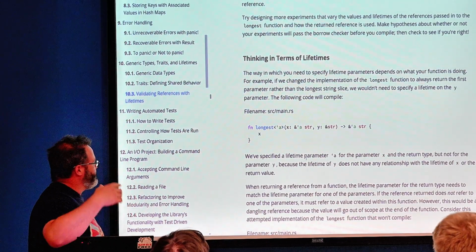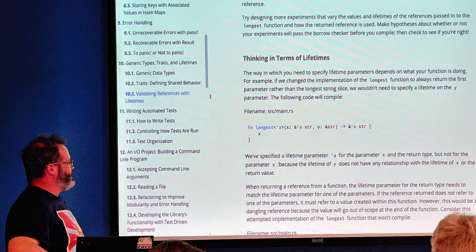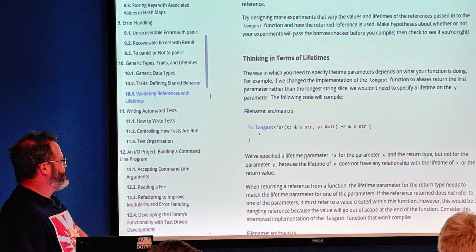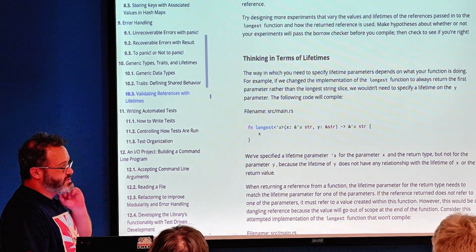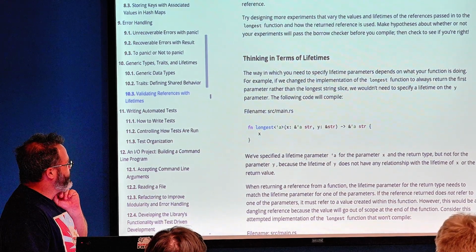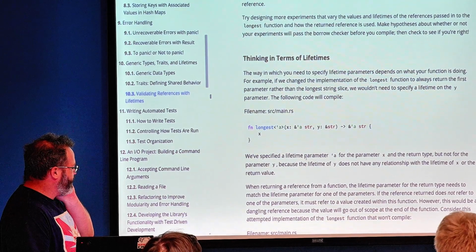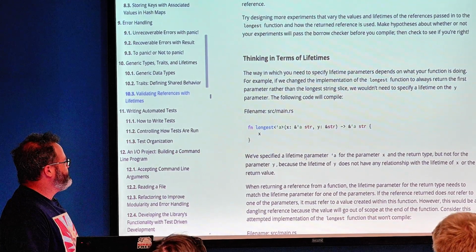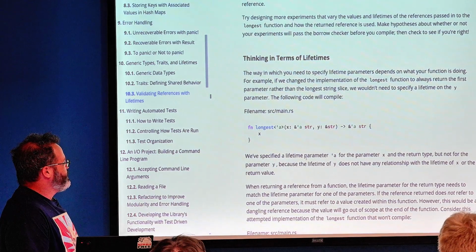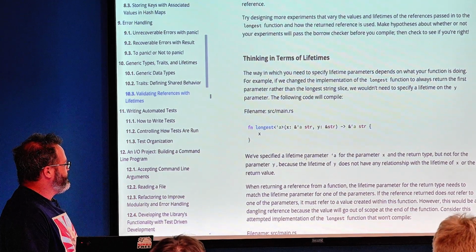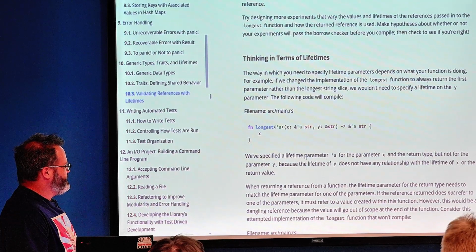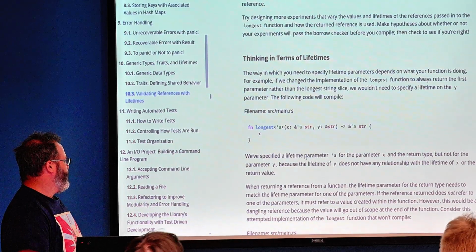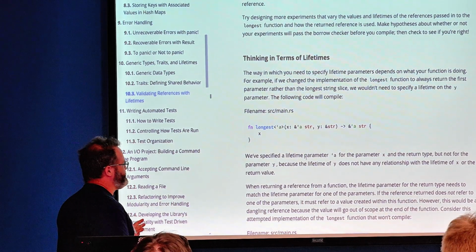So this is what I've been trying to communicate, I think, to differing levels of success: there is a method in which you can read just type signatures and lifetimes and understand a lot of the functionality. Here we're reading a function. It's called longest. It is typed to tick A, and we're taking a string slice typed to tick A, another string slice, and we are returning a slice typed to tick A. So what do we know immediately from this, right?